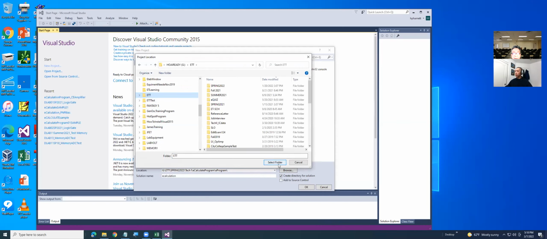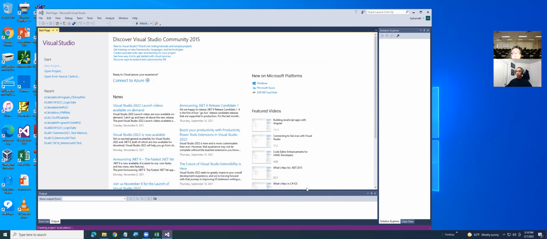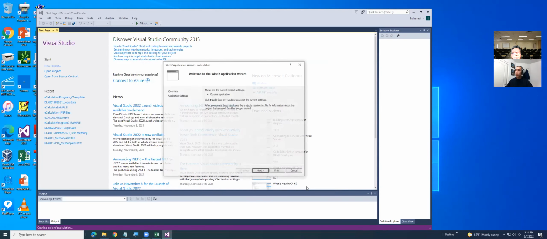And click on select folder. Okay. And then you can click OK. Okay. Next will be click Next.